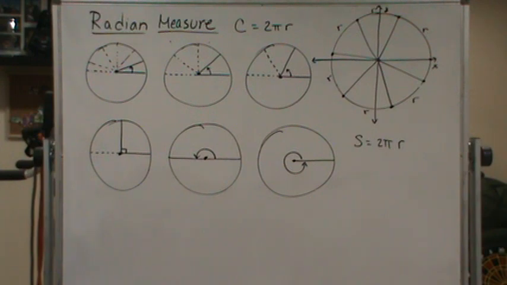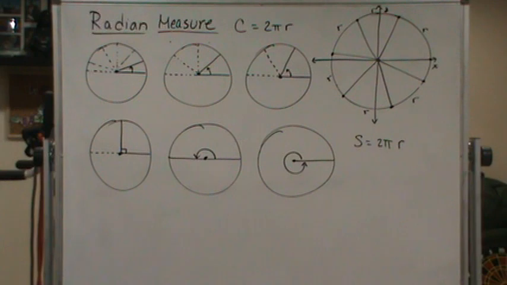Now, the units of S and r are the same, as you can see from the formula, because it's length, so they're going to have the same unit of measurement.